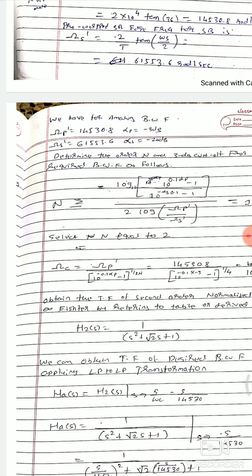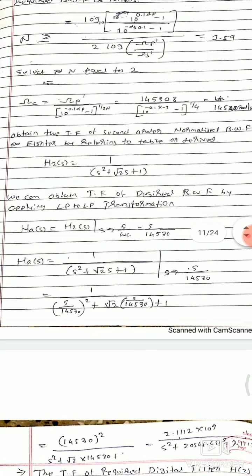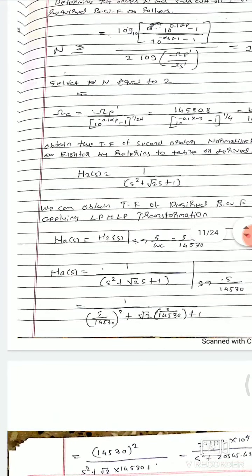Once you get these frequencies, the procedure remains the same. Treat these as omega p and omega s, then compute n, then compute omega c. This is a Butterworth filter design. It is not mentioned that it is Chebyshev, so you can use Butterworth.